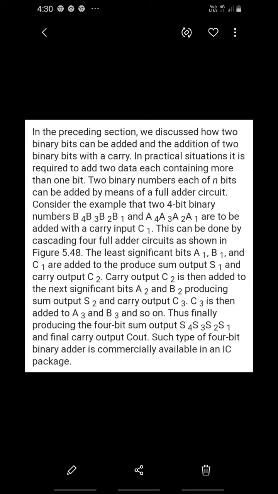In the preceding section, we discussed how two binary bits can be added and the addition of two binary bits with a carry.